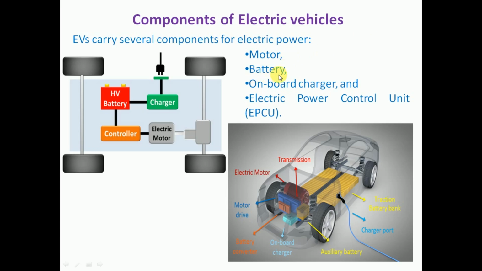Then the battery to store the electricity. The onboard charger is used to charge the vehicle. Then the electric power control unit. Whatever speed is required to run the vehicle is controlled by this electric power control unit.